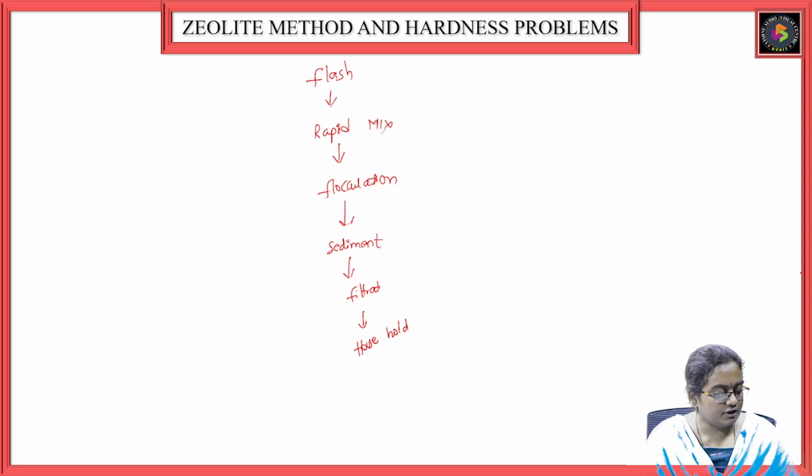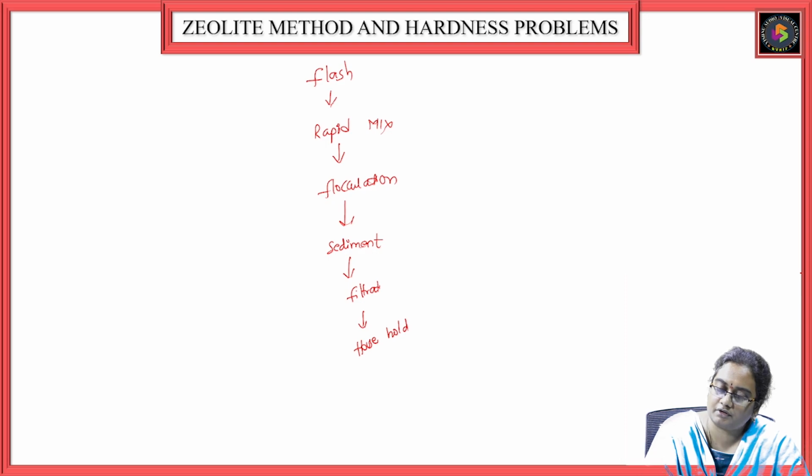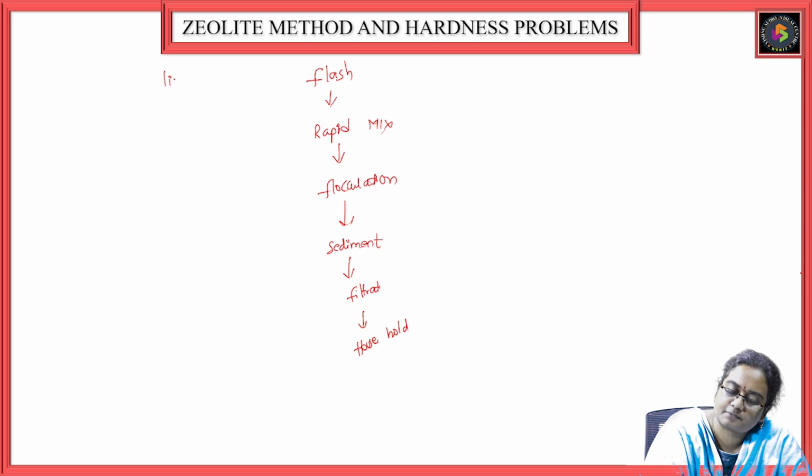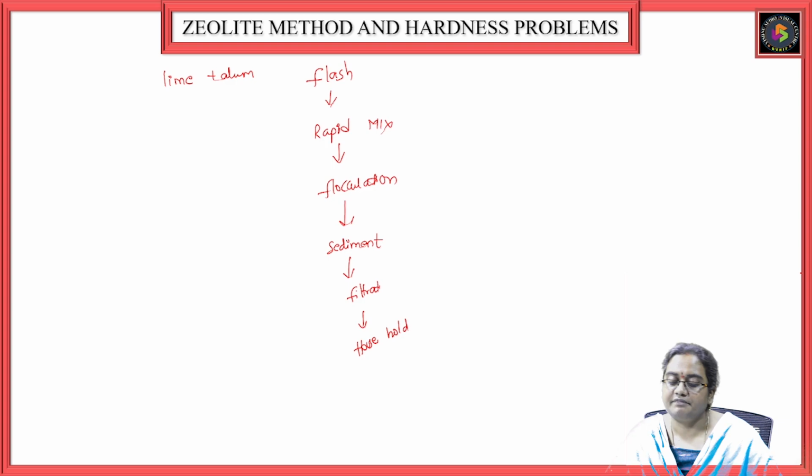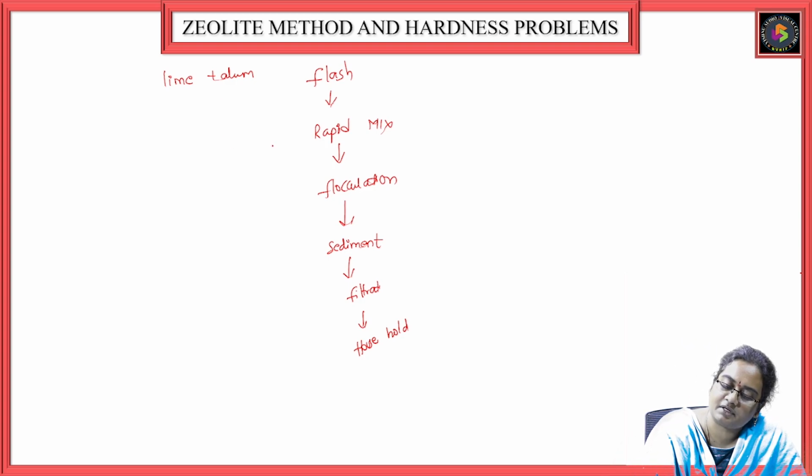First one is your flash. In the flash, we are going to use lime plus alum. So we are adding lime and alum to the water. After adding this lime and alum, we are mixing by using stirrers.